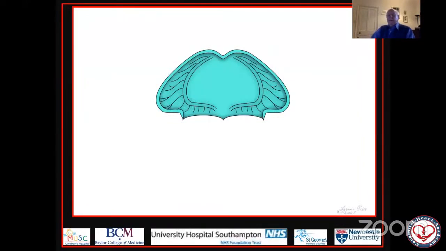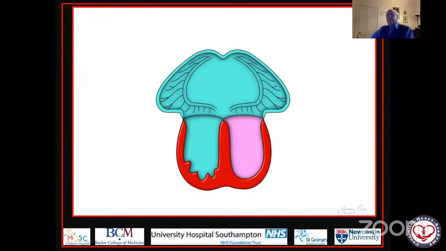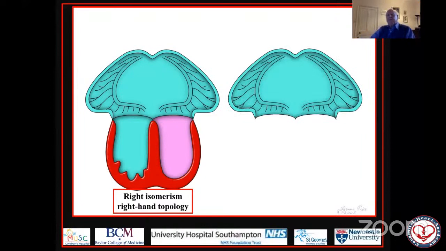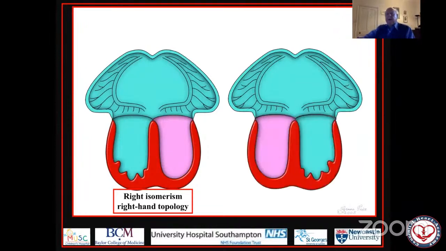So here in the diagram, I am showing you isomeric right atrial appendages. And I'm showing you the situation where those isomeric right atrial appendages are connected to a heart which has the right ventricle to the right, the left ventricle to the left, right-handed ventricular topology. So properly to describe this heart, I have to say there is both right isomerism and right-handed topology, because the atrial chambers of this heart with isomeric right atrial appendages could just as easily be connected to a ventricular mass with left-handed topology.